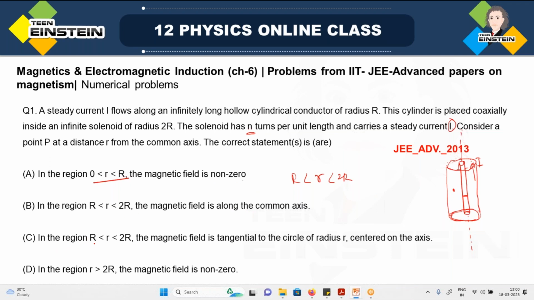The magnetic field is tangential to the circle of radius r centered on the axis, so that we'll find out. And in the region r greater than 0, the magnetic field is non-zero. We'll take them up one by one, and then we'll justify whether each statement is correct or wrong.